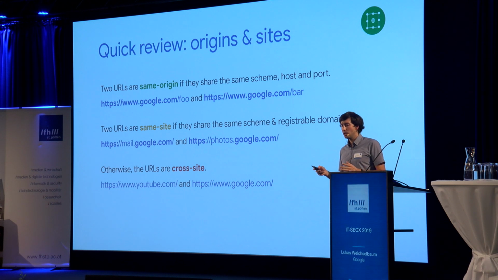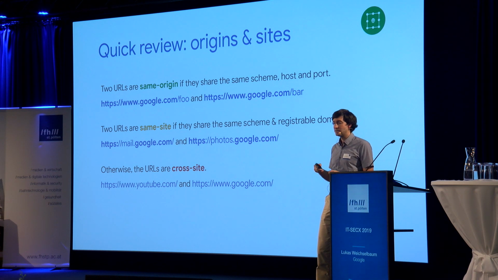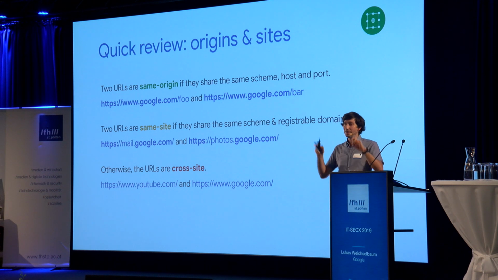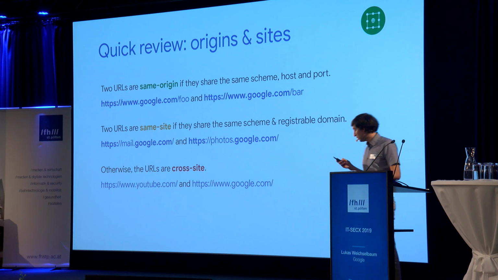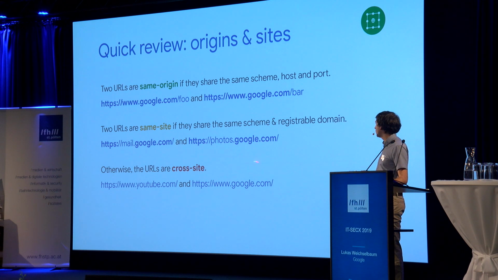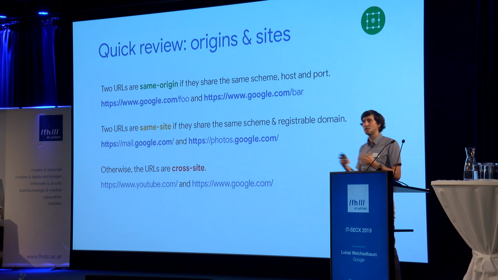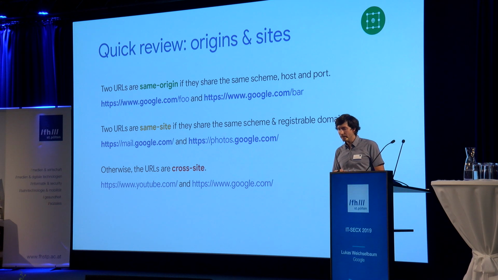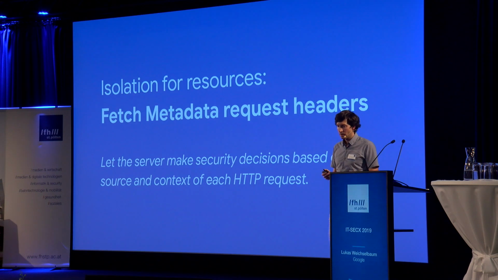But if you have just the same scheme and the same registrable domain, which usually boils down to subdomains, but not just that, you have a same site concept. So for example, mail.google.com and photos.google.com are same site to each other. And basically, everything else is cross-site.